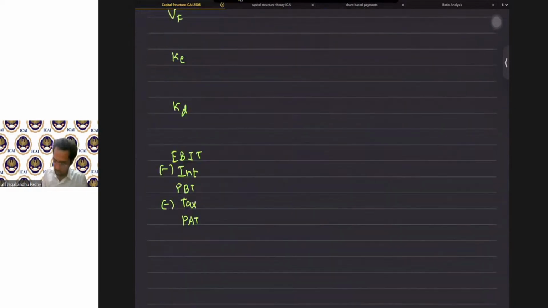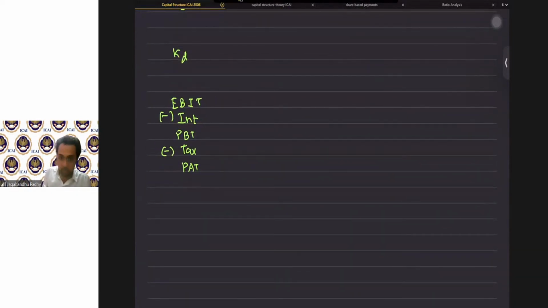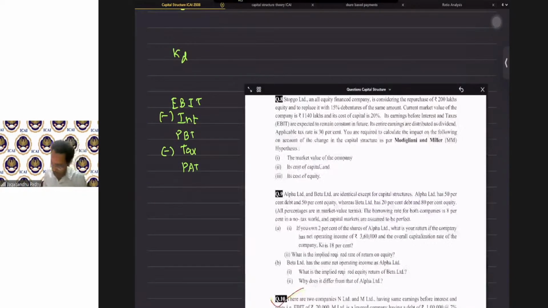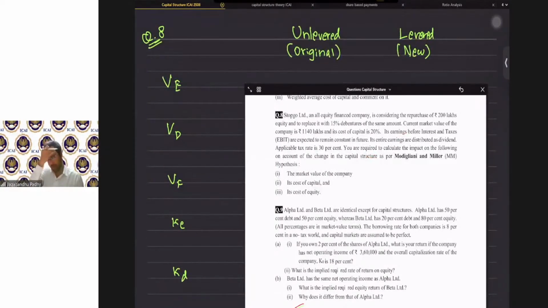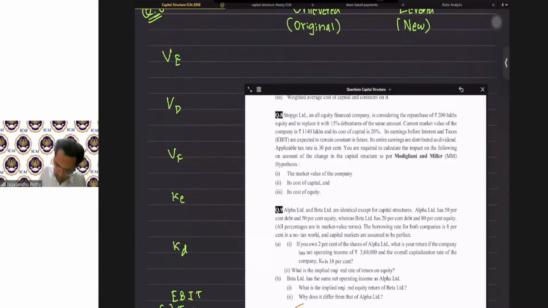So EBIT, is it given to us? Any form of information on EBIT? No, sir. Whatever we have is the current market value and all such things. So okay, let's write down the current market value of the company. Current market value of the company, which is a fully equity company, that's 1140.